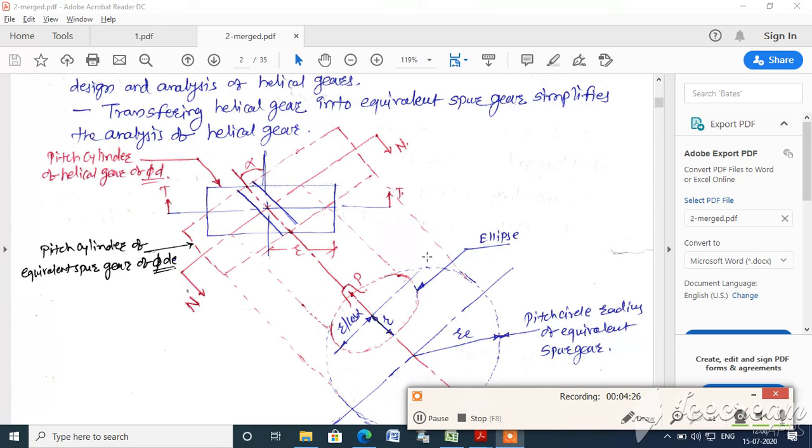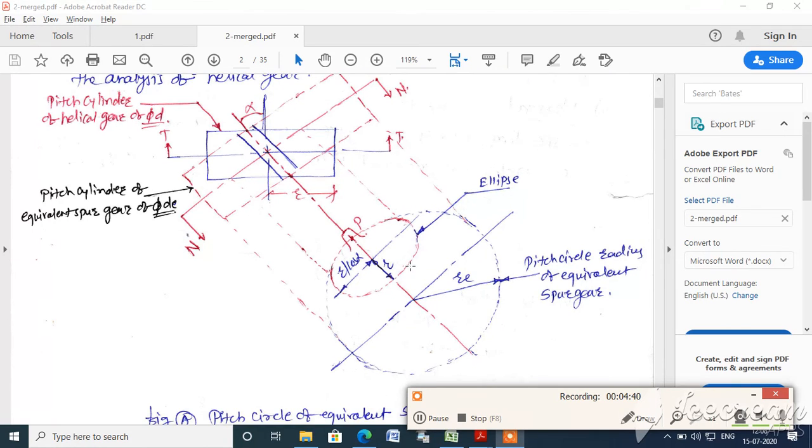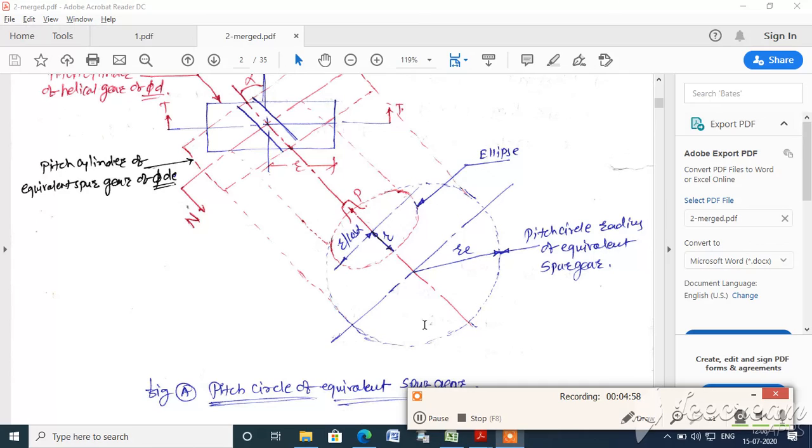This is, you can say, the diameter of equivalent spur gear. So RE is nothing but the pitch circle radius of equivalent spur gear. Here R is the radius of helical gear, and if you see this carefully, this will make an ellipse. So this is the minor axis, this is the major axis. So here this is R by cos alpha.